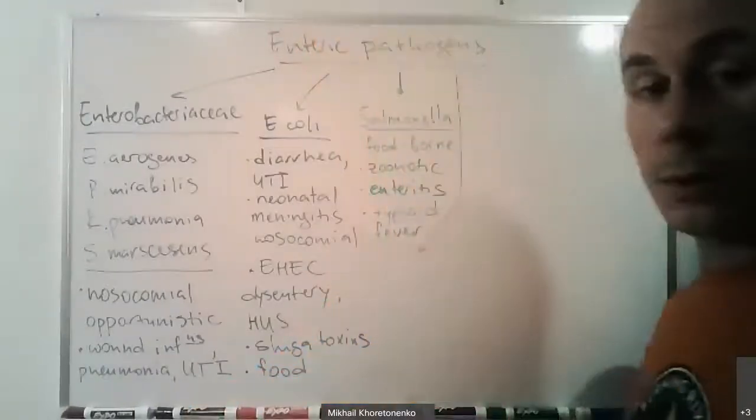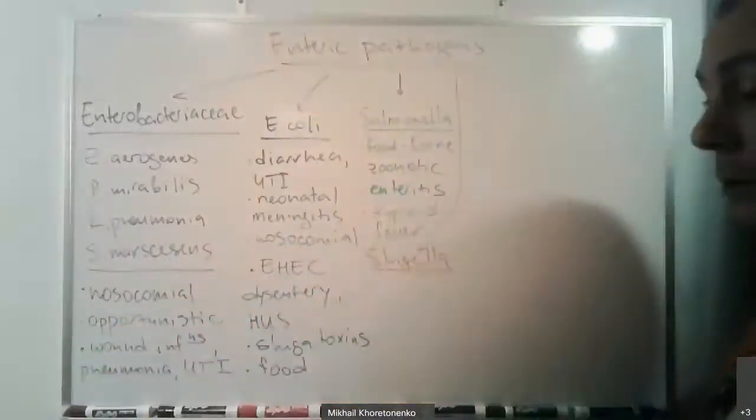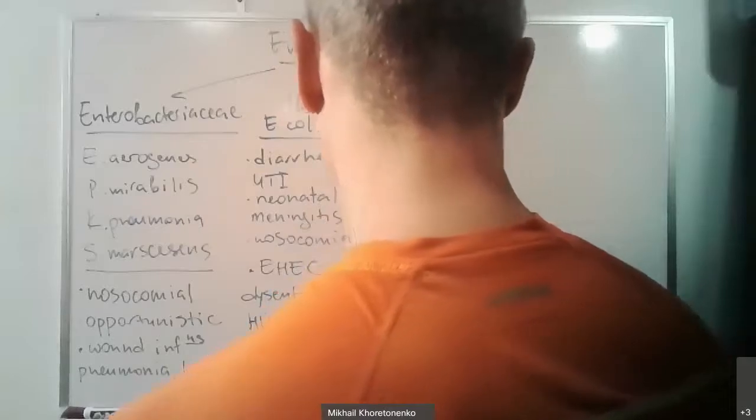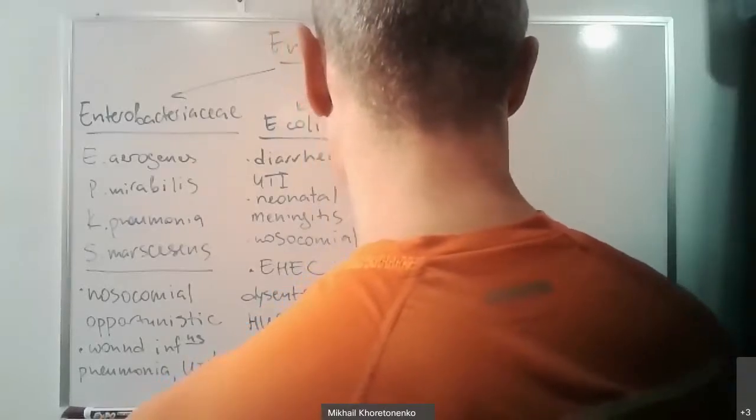Fairly close to Salmonella in terms of manifestations is Shigella. Shigella is another foodborne zoonotic infection.